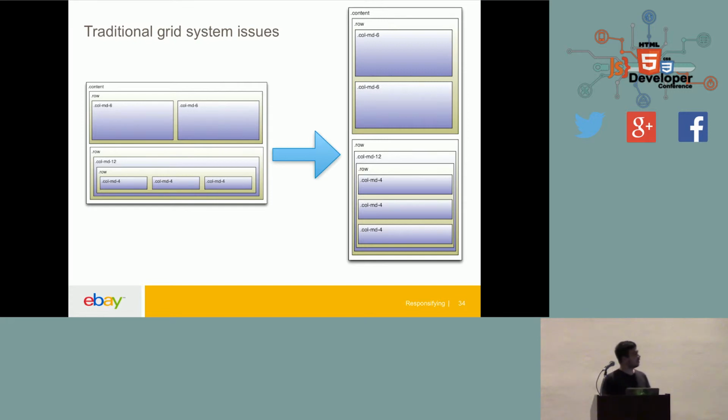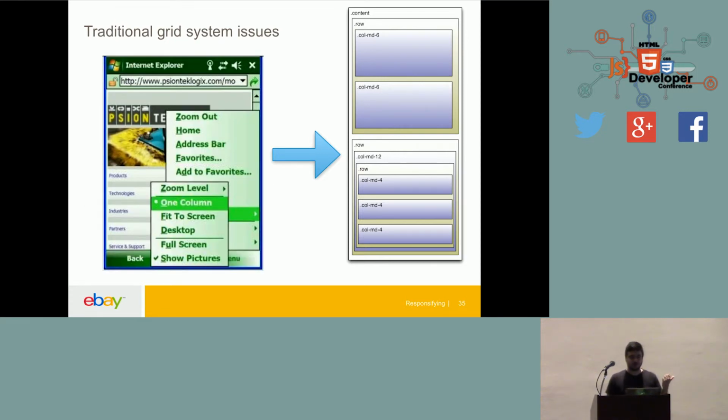I'll show you in a second. But most systems and most pages, what you do is this. Transforming horizontal into vertical is something that has been available for more than 10 years. This screenshot comes from Windows Mobile on an old HTC that I had more than 10 years ago, and it pretty much already allowed to do this. You go there, you drop everything into a single column, and ta-da, it works.